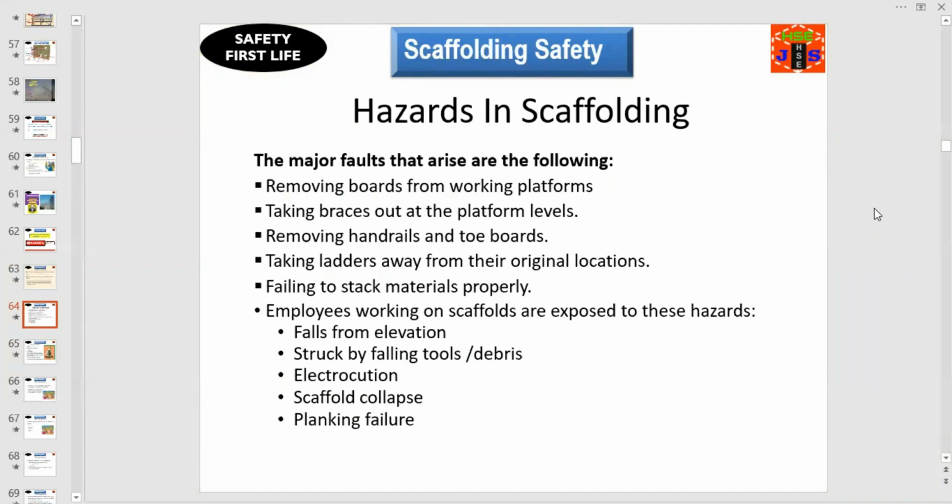The major faults or hazards might be removing boards from working platforms, taking braces out at the platform levels, removing handrails and toe boards, taking ladders away from their original locations, failing to stack materials properly. Employees working on scaffolds are exposed to these hazards: falls from elevation, struck by falling tools and debris, electrocution, scaffold collapse, and plank failure.